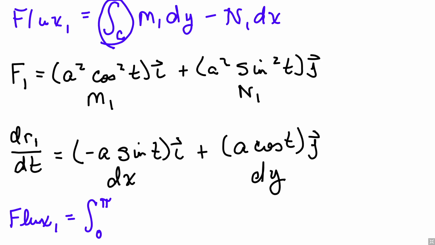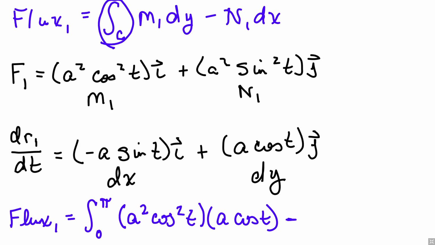So if we plug in based on the formula, we're going to take m1, which is a squared cosine squared t, and multiply that by dy, which is a cosine of t.